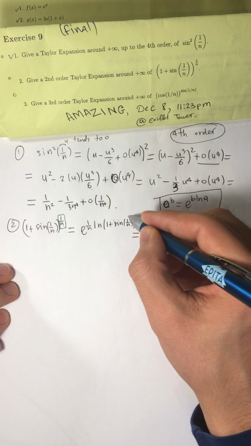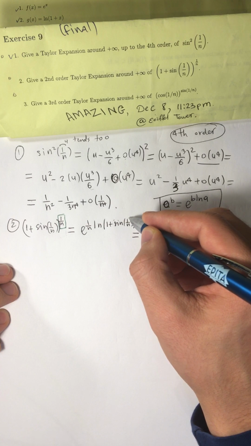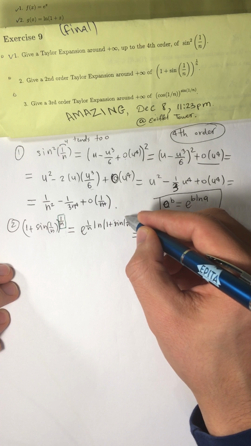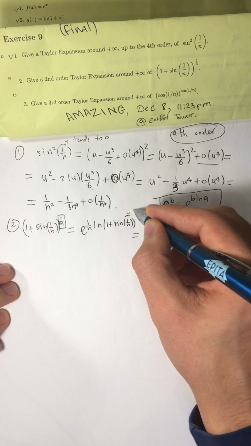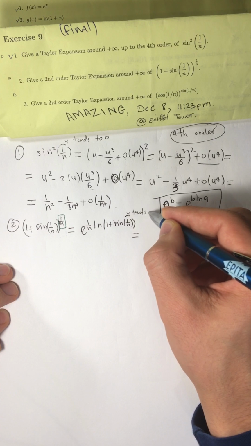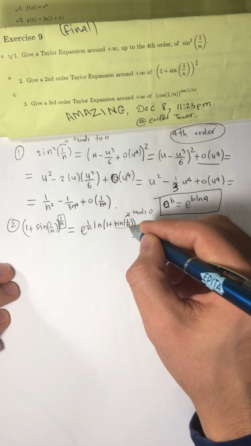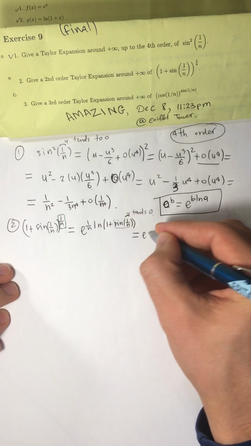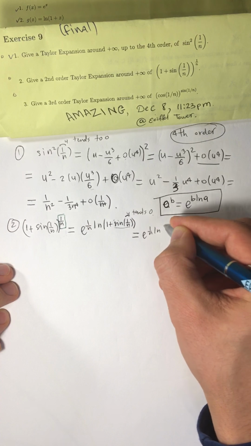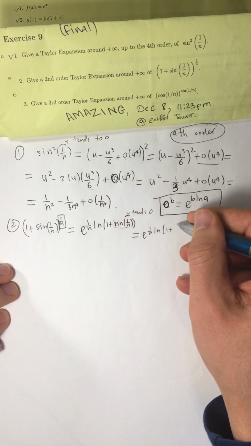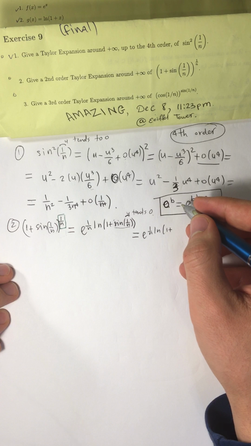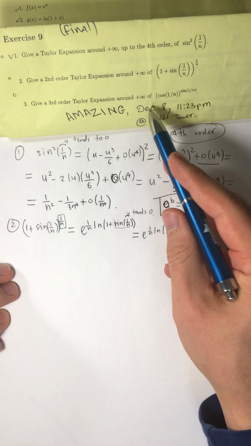if I say sine of 1 over n is equal to u, it doesn't tend to 0. That's why, because this u tends to 0, I first expand sine x. So 1 over n, 1 plus, if it's u, I need the third order. What was the question?